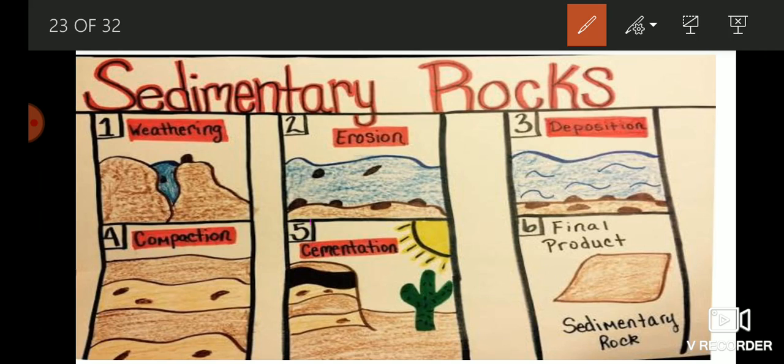The big rock particles break into tiny pieces. This process is called weathering. So the first step is the weathering of huge rocks on the surface of the earth.